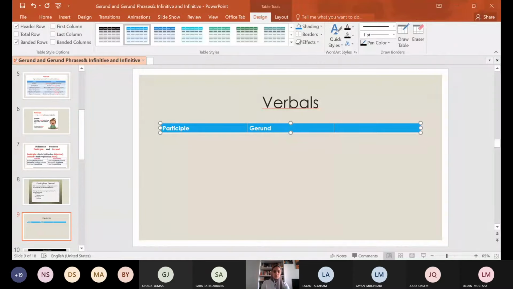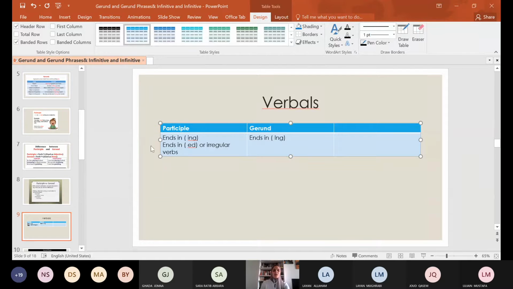Participle ends in ing or ends in ed or irregular verbs. So this is how they end. The participle ends in ing or ed. Gerund ends in ing only.